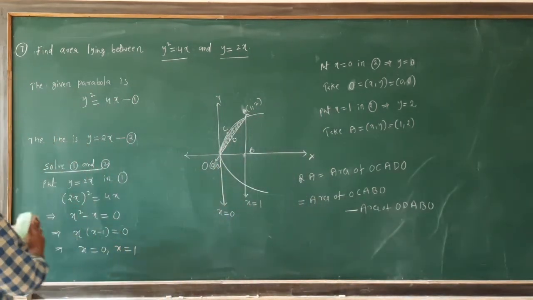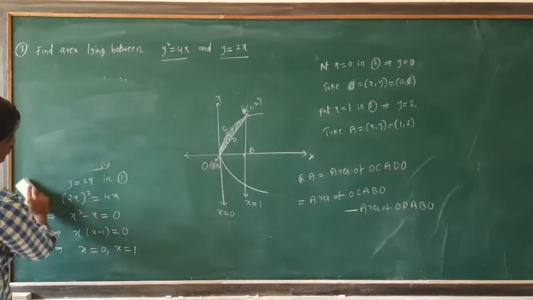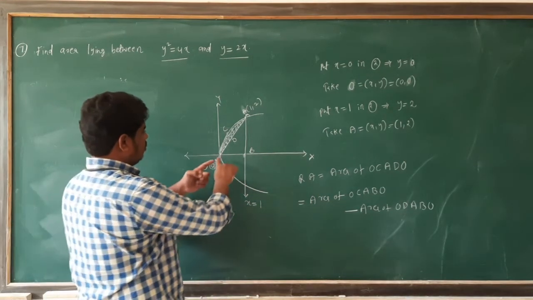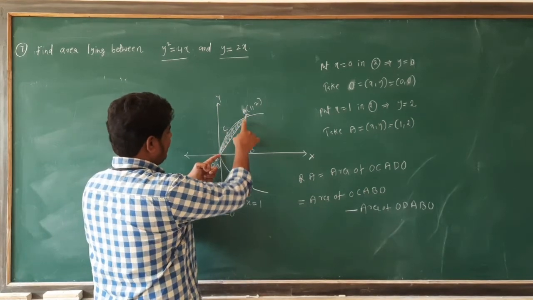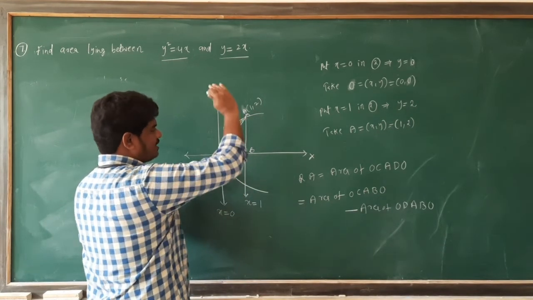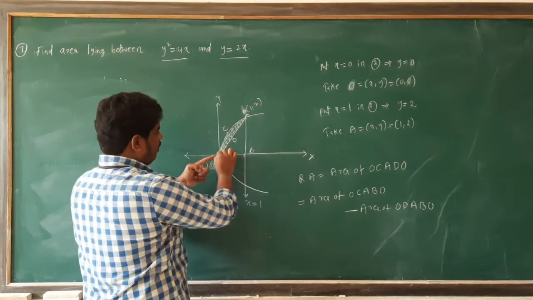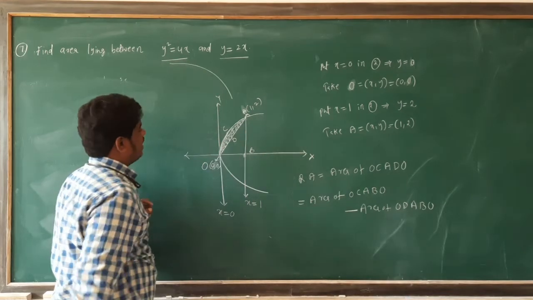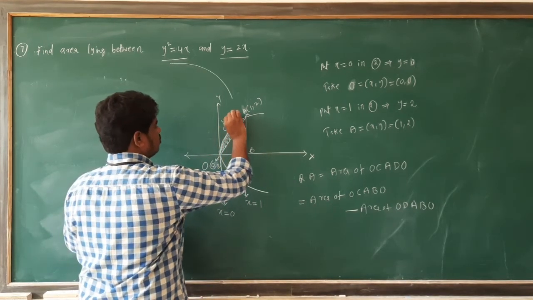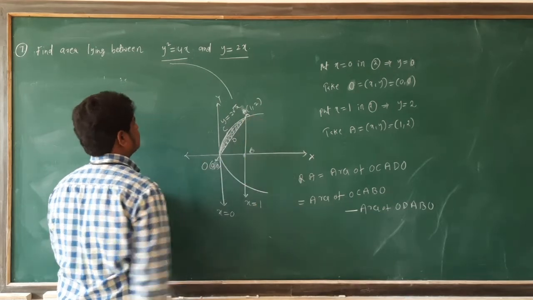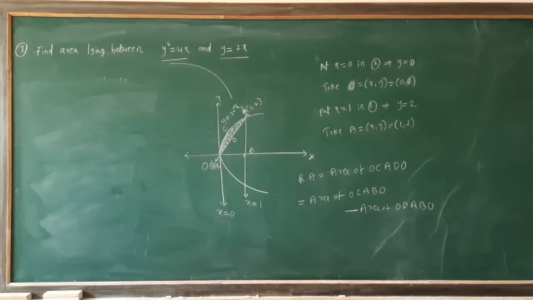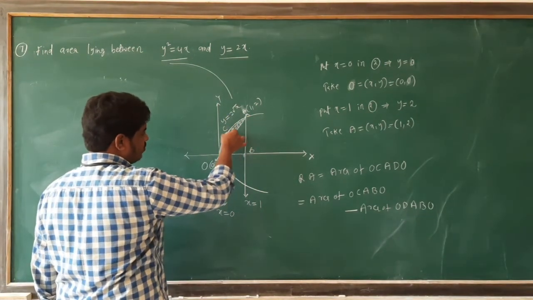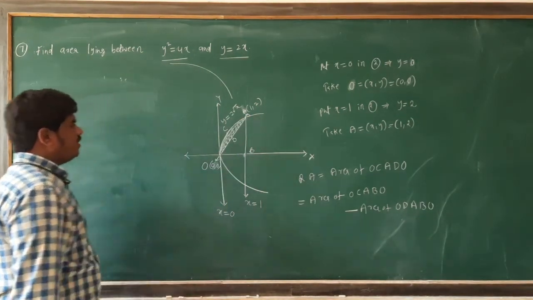Now see, where is the region OCABO? Above the x-axis, below the parabola. From the parabola, y equals 2 root x. Actually plus or minus comes, but the region is in the first quadrant, so we take only 2 root x.